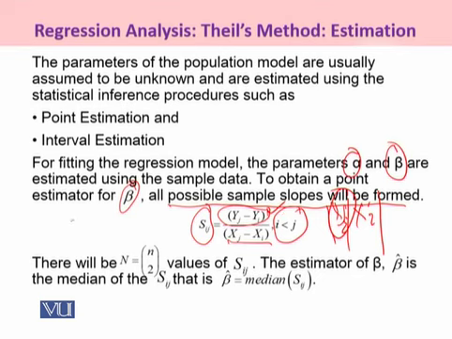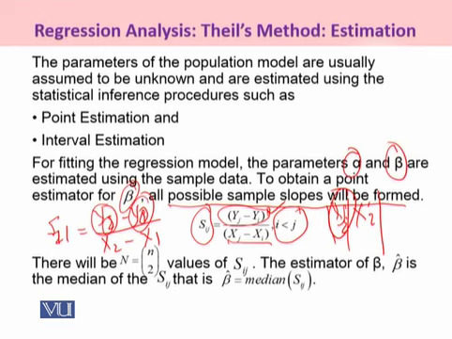That is, if you want to calculate S12, then it is y2 minus y1 divided by x2 minus x1. So this is the first slope that you are going to calculate, and you are assuming that i is less than j, not the actual observation but the subscript.